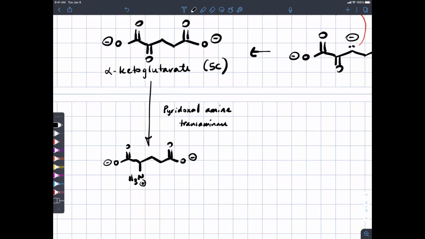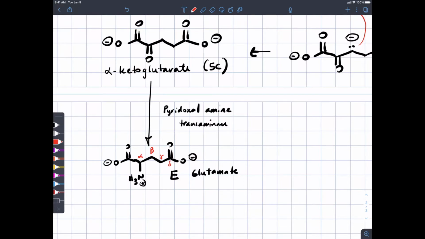Some of you are saying glutamate. You can tell the difference between glutamate and aspartate because in glutamate, the carboxyl group is on the delta carbon, whereas in aspartate, it's on the gamma carbon.